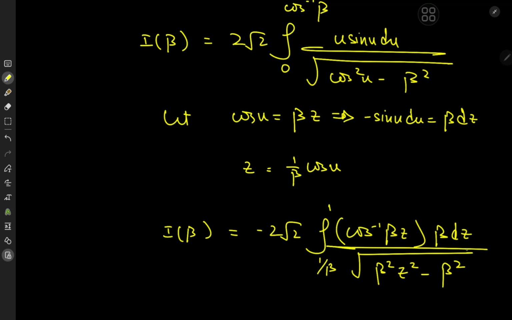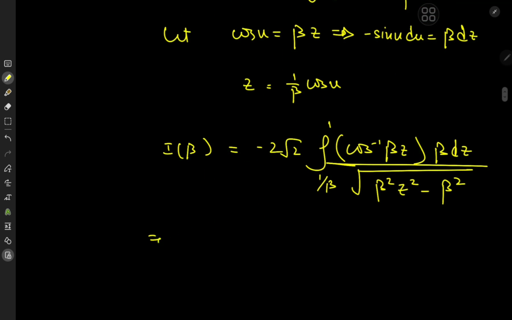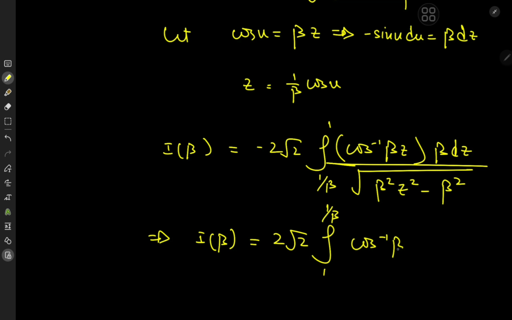We can factor out a beta term, and that would cancel out with the beta in the numerator. We can get rid of the negative sign if we just switch up the order of the limits of integration. So we have 2 times root 2 times the integral from 1 to 1 by beta of inverse cosine beta z divided by root z squared minus 1 dz.